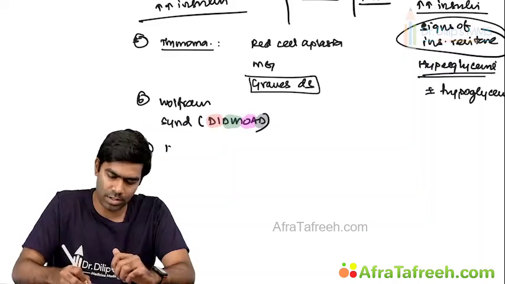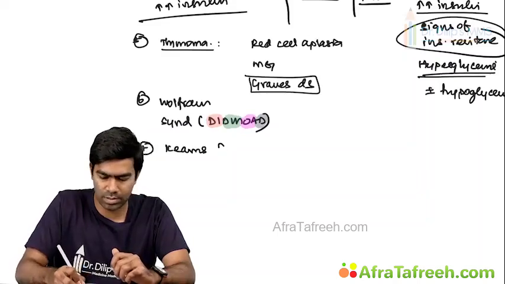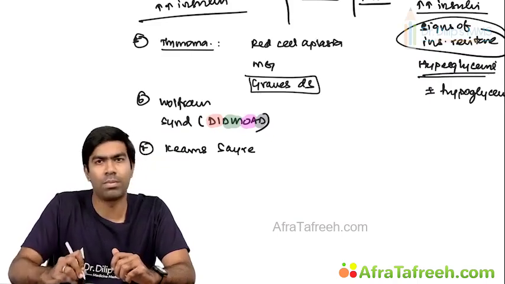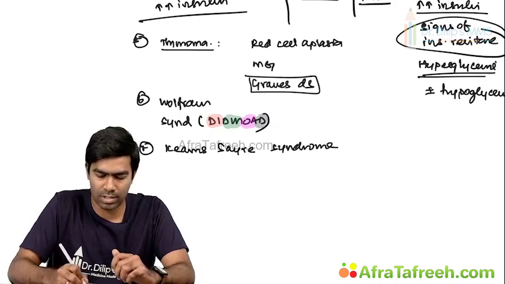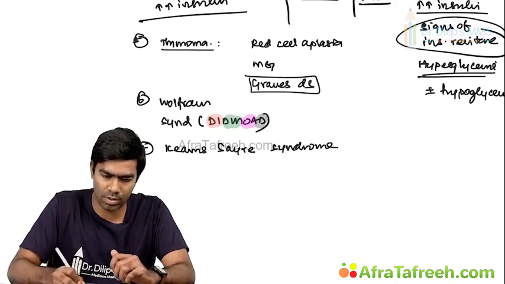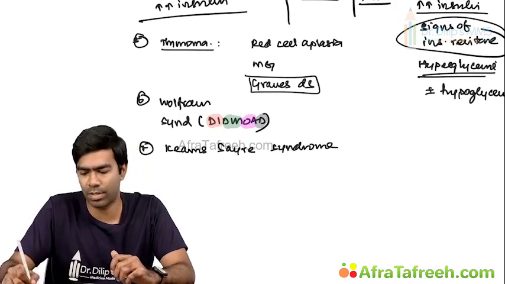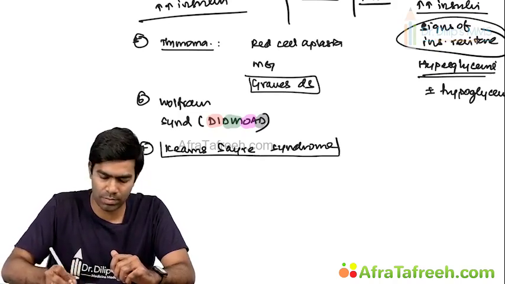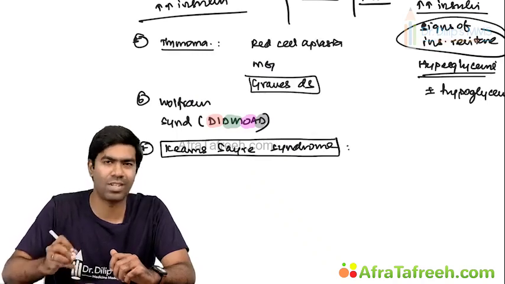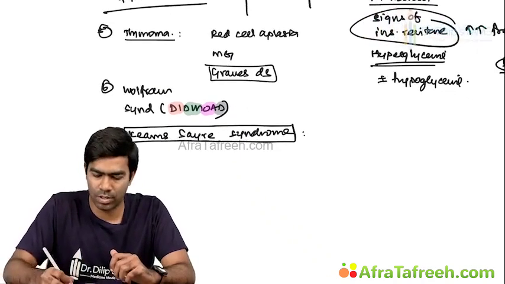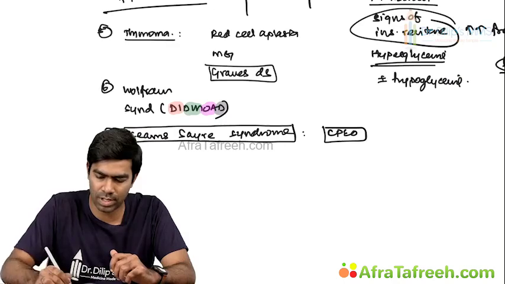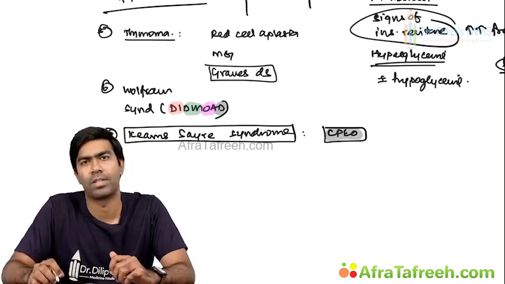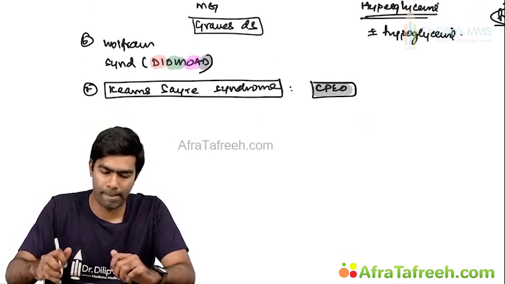And finally, you can also have endocrine problems with something called Kearns-Sayre syndrome. Kearns-Sayre syndrome is a mitochondrial problem. It's a type of mitochondrial myopathy. We know that. So what are the features? Obviously, they are going to have CPEO. With any mitochondrial problem, the hallmark is CPEO, chronic progressive external ophthalmoplegia.